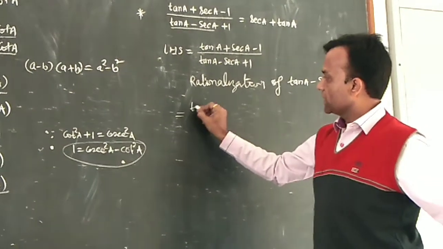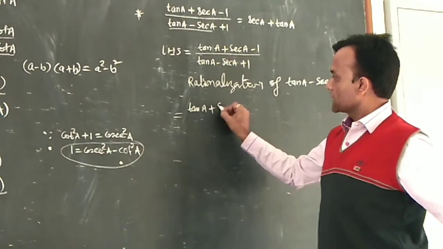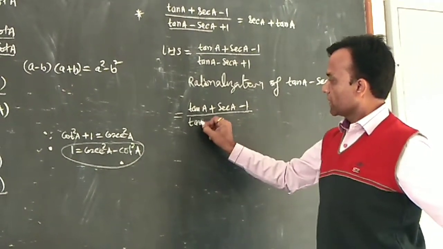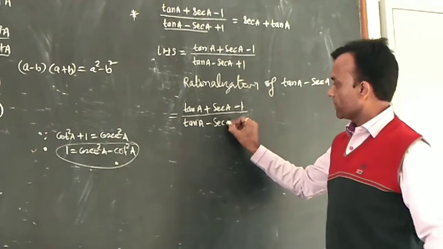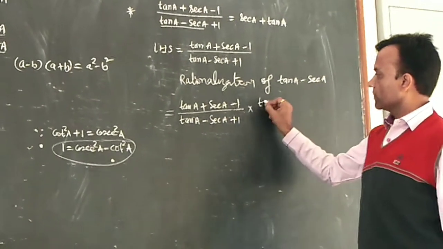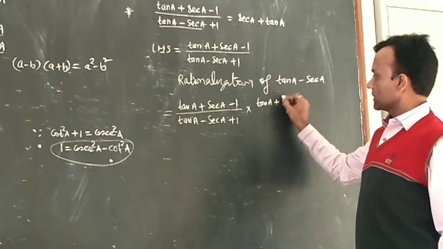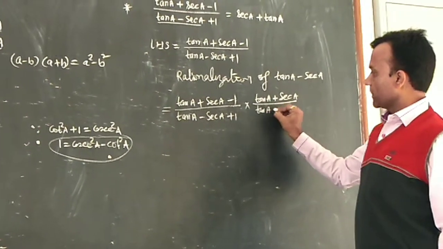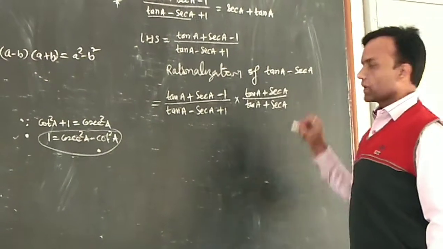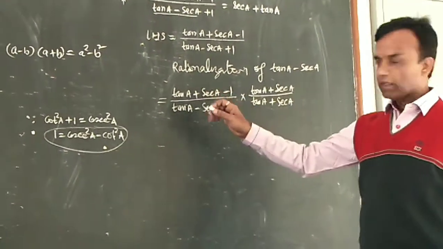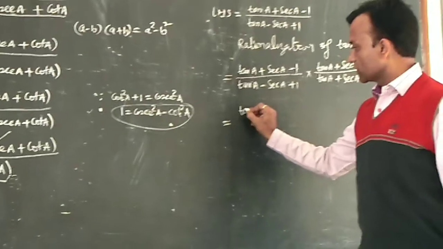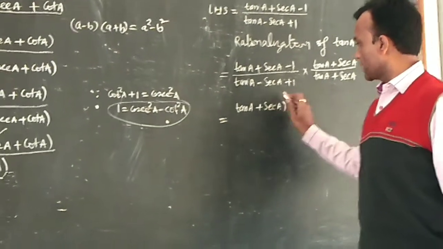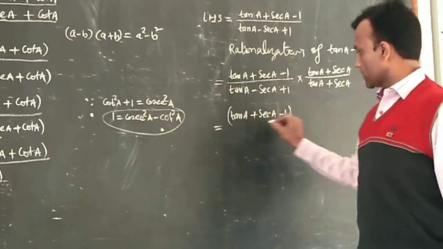Okay, so you have here tan a plus sec a minus 1 upon tan a minus sec a plus 1 into tan a plus sec a upon tan a plus sec a. Yes. Okay, now again you multiply. You put both brackets as they are, no multiplication there. Only multiply numerator and denominator.